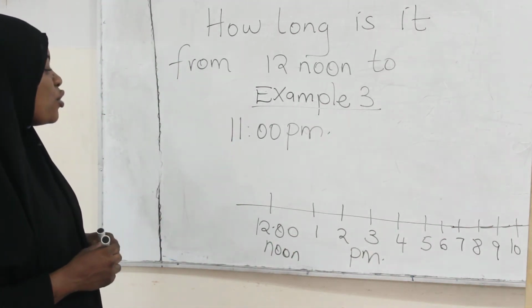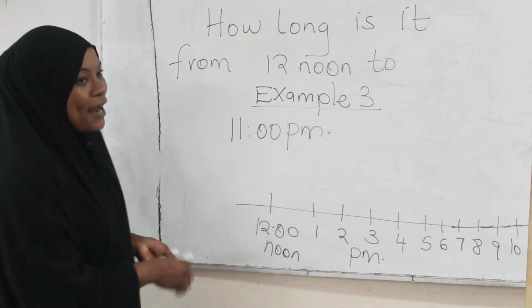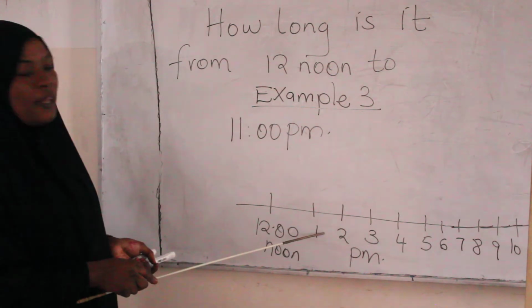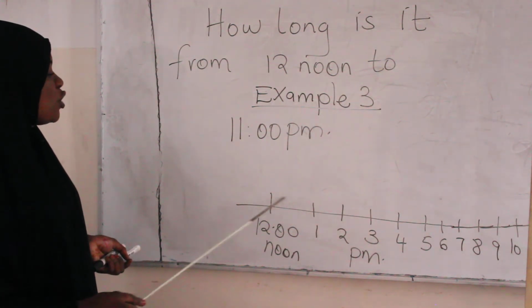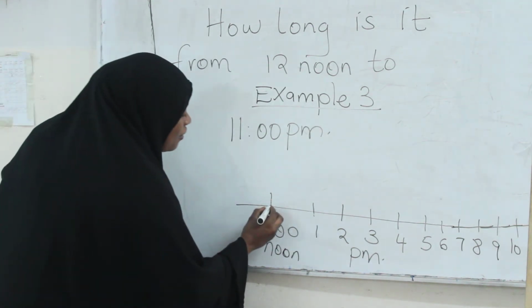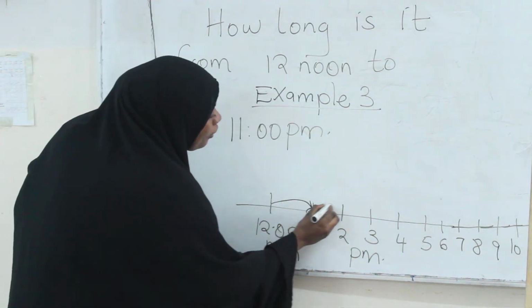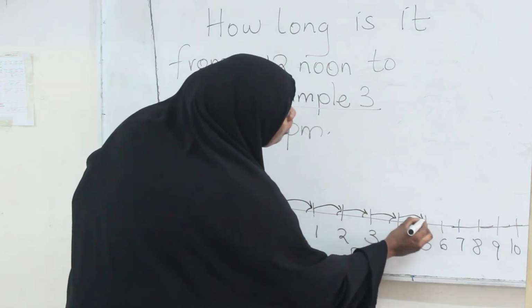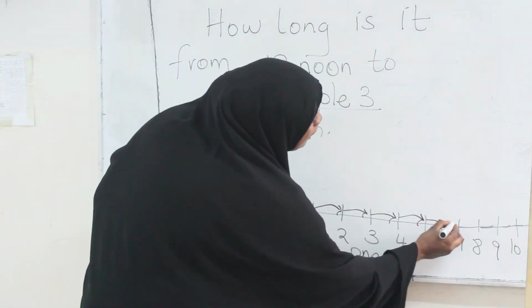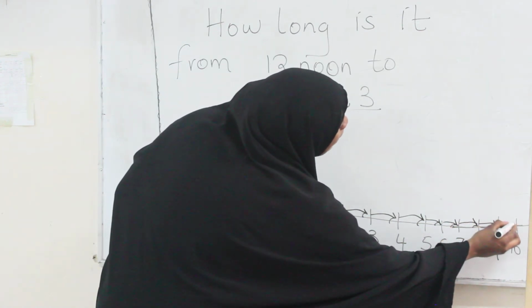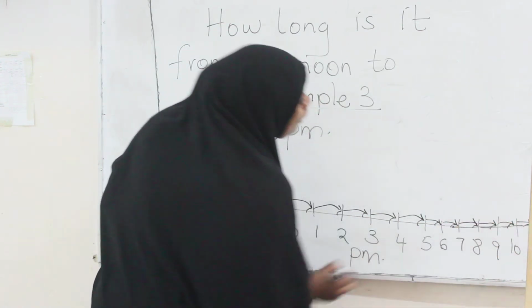So let's count. From one number to another number, for example from 12 to 1 p.m., the difference in time is 1 hour. Let's count together: 1, 2, 3, 4, 5, 6, 7, 8, 9, 10, and 11.